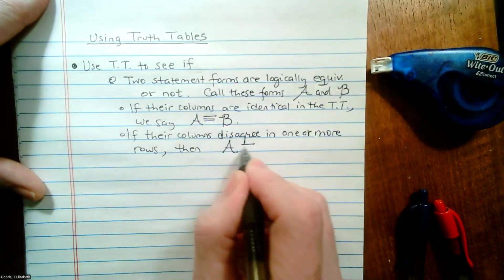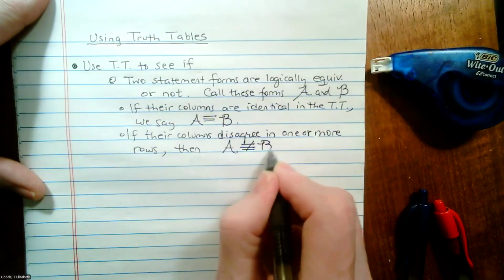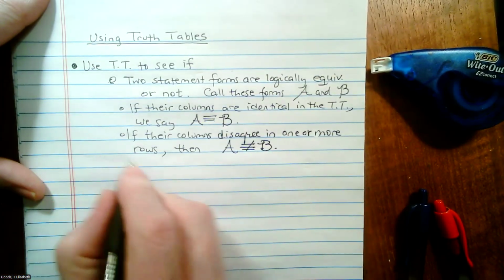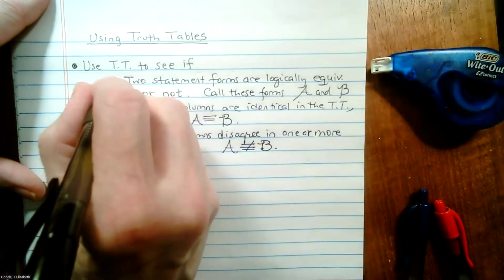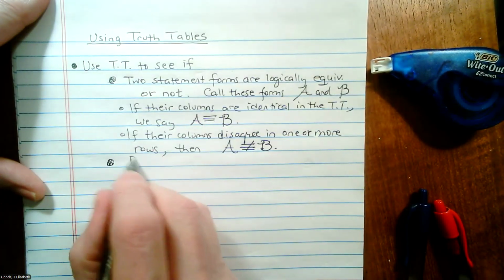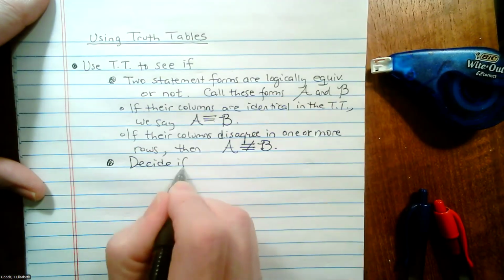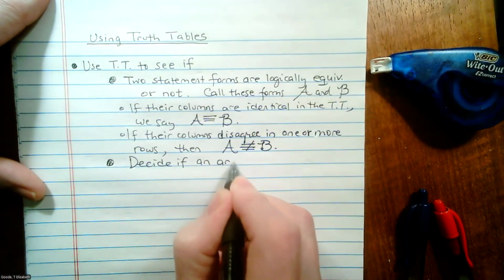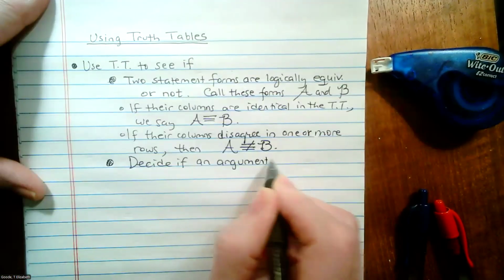And we just put the logically equivalent symbol with a slash through it, okay? We can also use a truth table to decide if an argument form is valid or invalid.